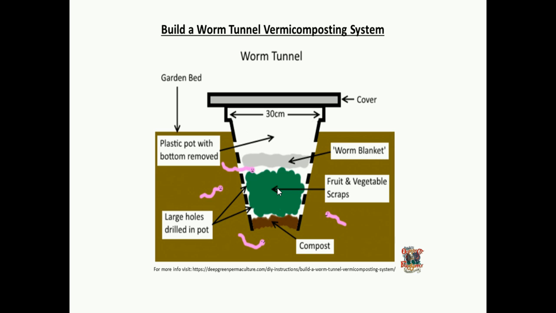On the upper surface of the compost we are observing the fruit and vegetable scraps. Then on that surface, worm blankets. Next, a plastic pot with the bottom removed. This is a worm tunnel system for vermicomposting.